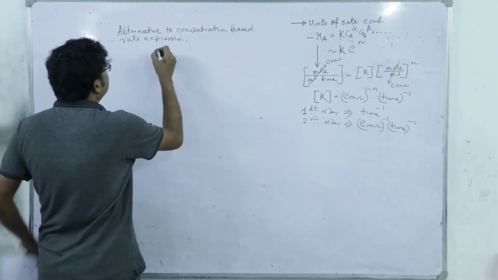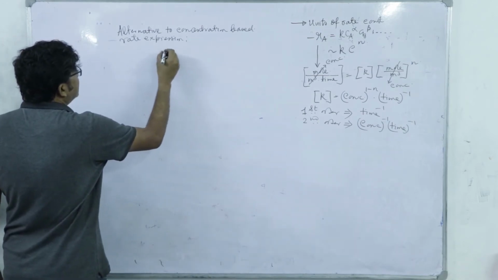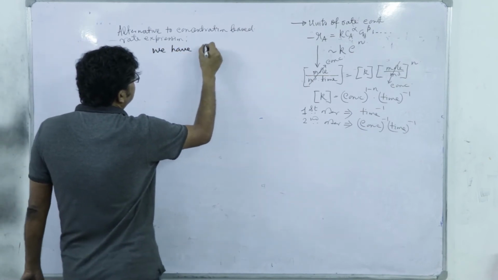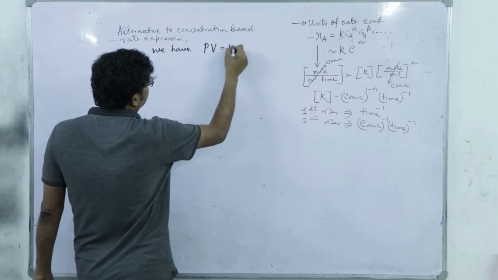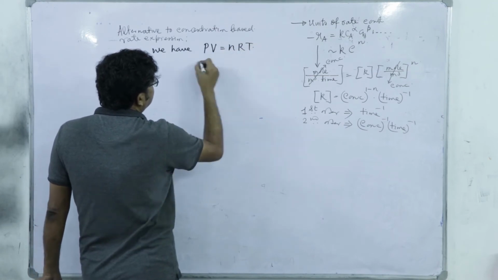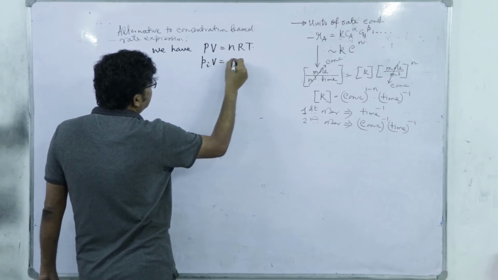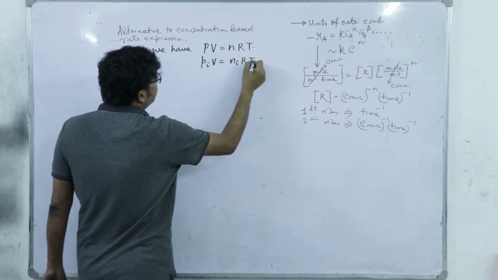And what is the relation? Say we have PV, let us say it is ideal gas, nRT. So, by definition of partial pressure, it is Pi into V equal to Ni RT.